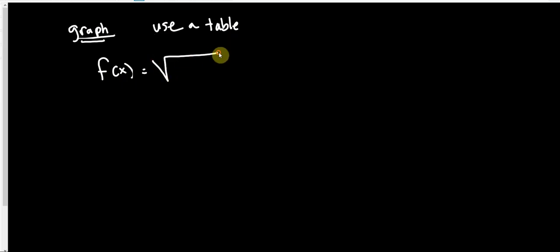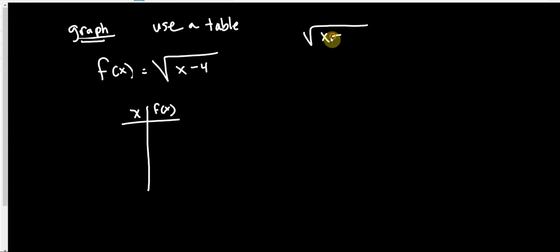So let's look at a square root function, the square root of x minus 4. If I want to graph this thing, we're going to pick some x values, find the outputs, and then we'll just plot our x and y pairs. Now, I'll go ahead and tell you, if we're looking at x minus 4 square rooted, we're going to get whole numbers only if what we have on the inside is a perfect square.